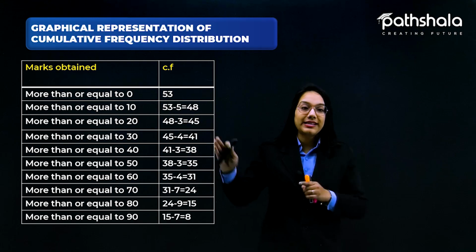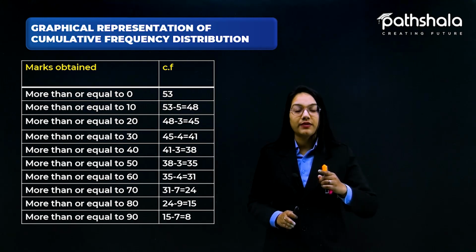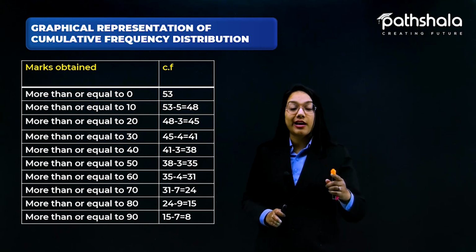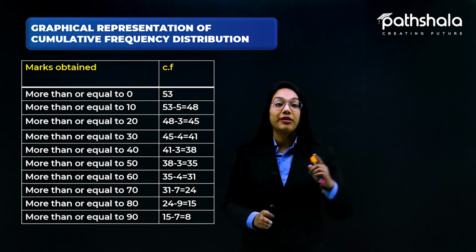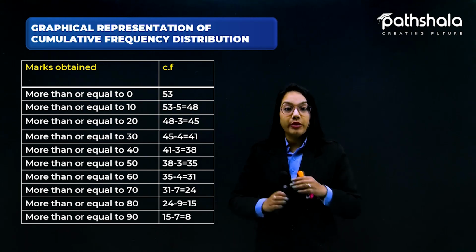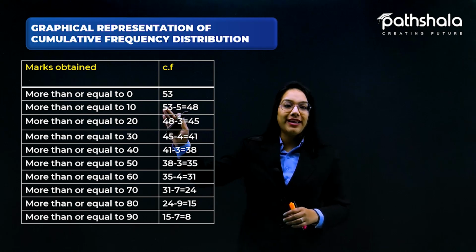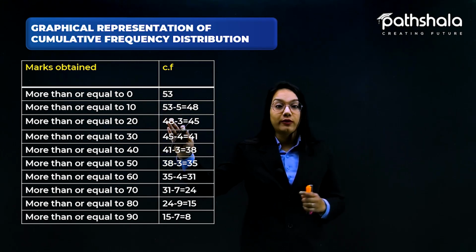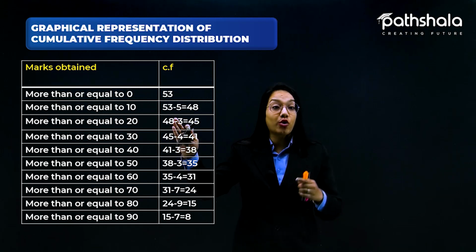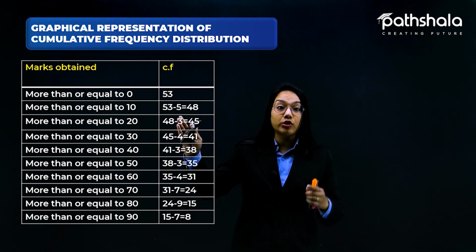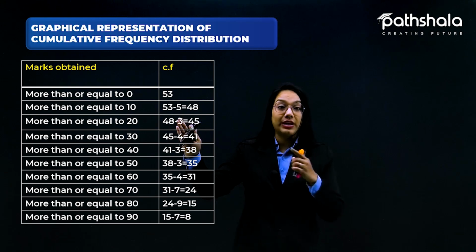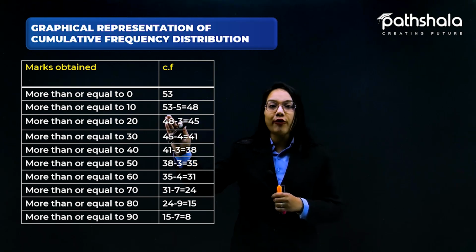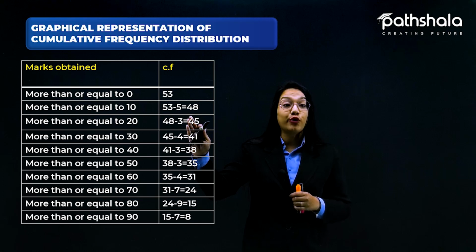For the less than type, the very first term was less than 10, with frequency 5. Now for the more than case, we are taking more than or equal to 10, which would be 53 minus 5, where 5 was the respective frequency of the less than type case. So 53 minus 5 is equal to 48.